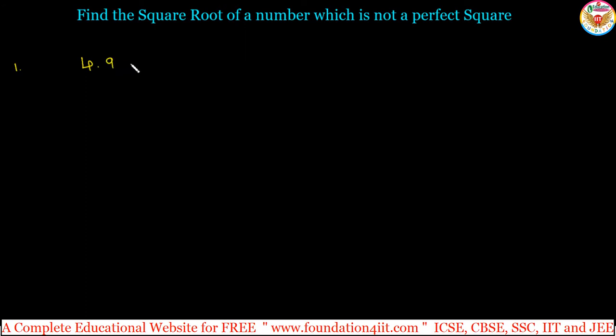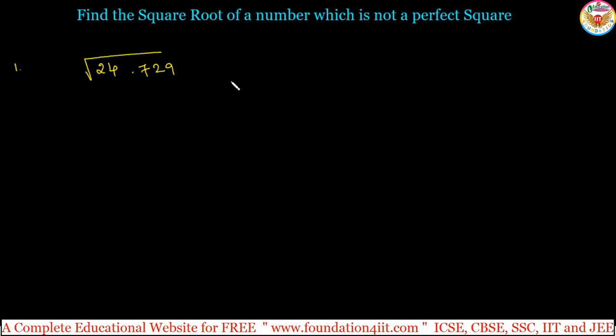Let us take one question. Let me take an easy one: 24.729. The question is to find the square root of this up to 2 decimal places, or let's take 3 places of decimals.